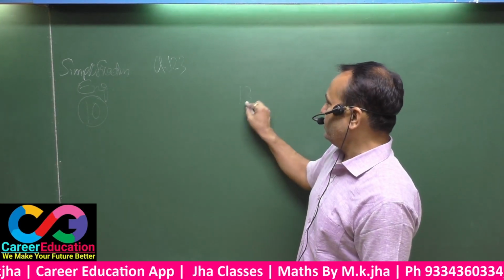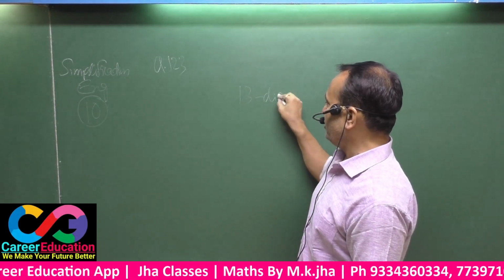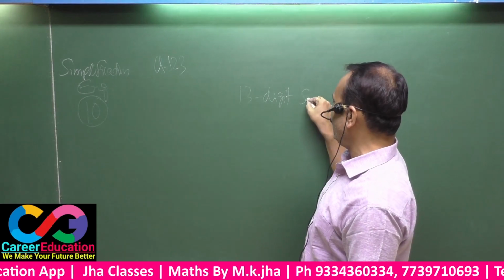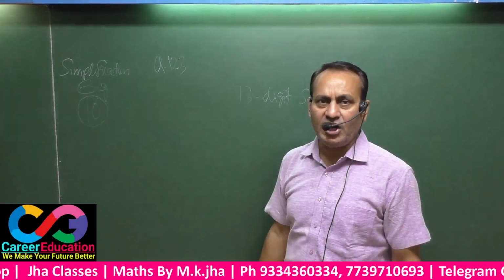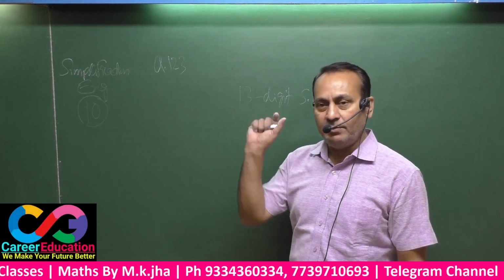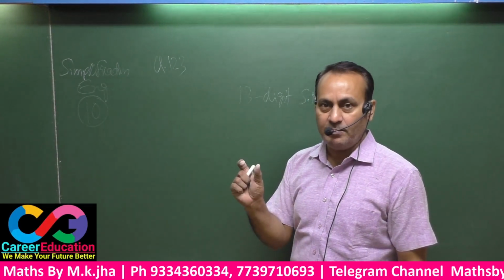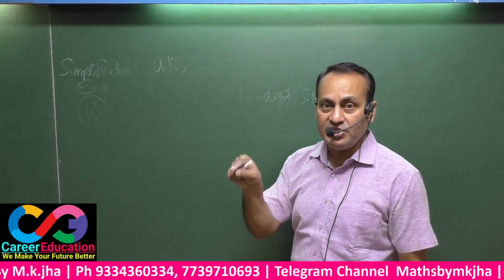That means there is a 13 digit square number. The number given to you is a perfect square number, and in that there are only 13 digits.